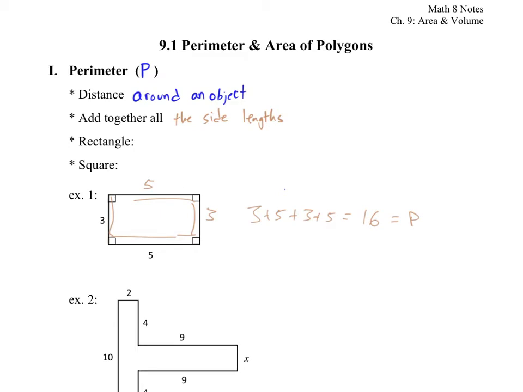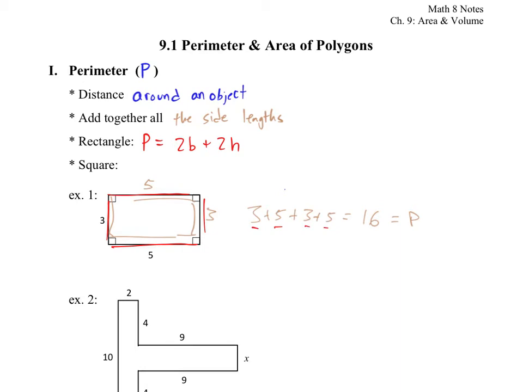Otherwise, the equation for perimeter of a rectangle is P equals 2 times a lowercase b plus 2 times a lowercase h. Basically they're saying, double the base, 2 times the 5 would give me these two, and then 2 times the height, 2 times 3, gives me these two. So you see how it gives us the same answer?